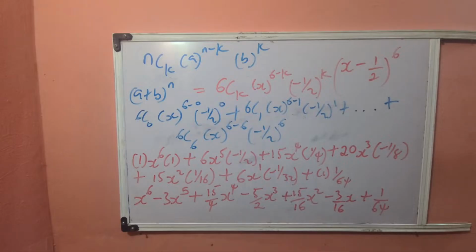So this is the final term. If you are able to get this answer based on the question that was asked last year, you will get a total of 3 marks.